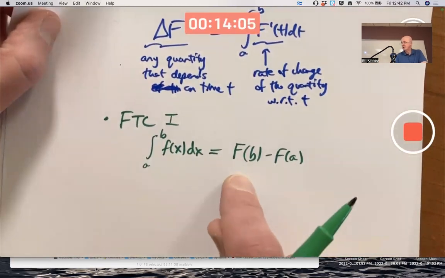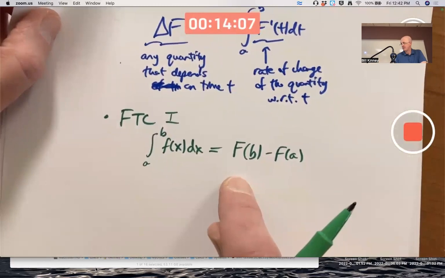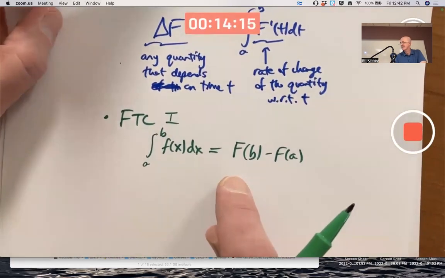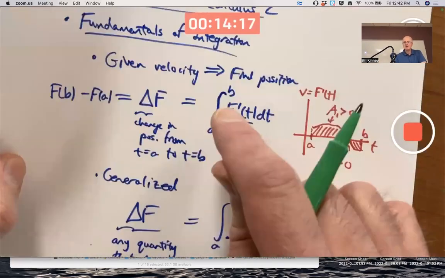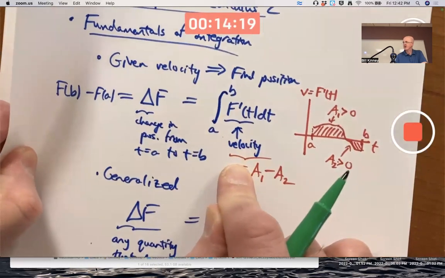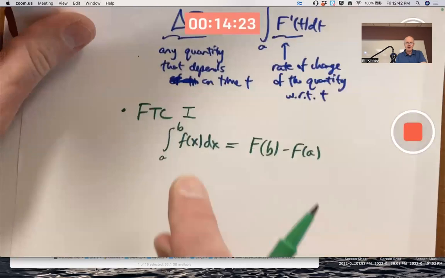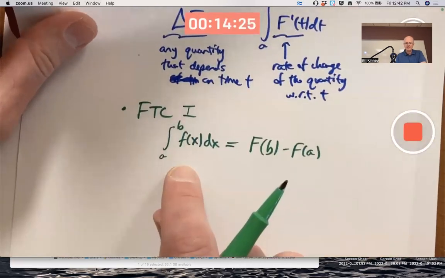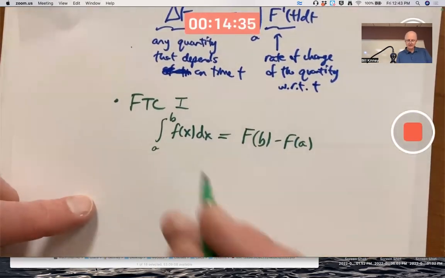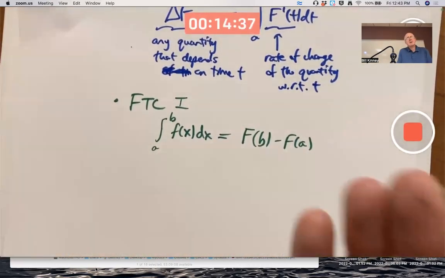However, if you're going to use that, you've got to be able to figure out what capital F is. Here, it's more like you know the rate of change, and you're trying to find the function itself. Here, you're trying to do the integral. That's what we use the most. But it's not always helpful, right?